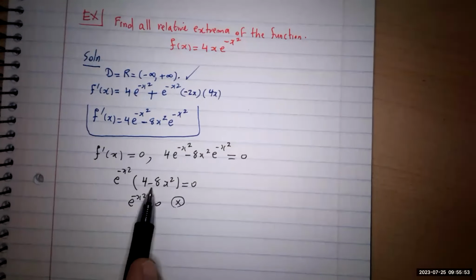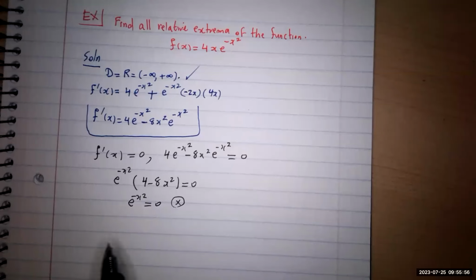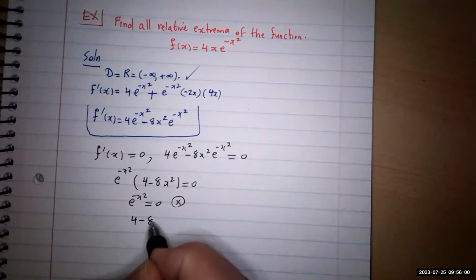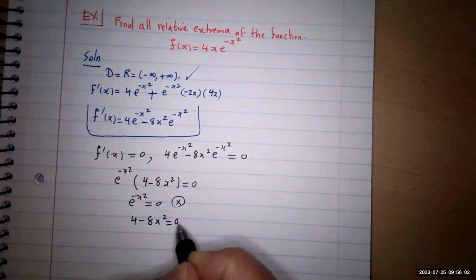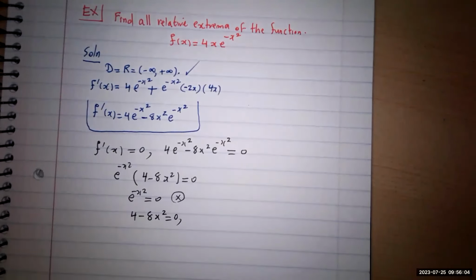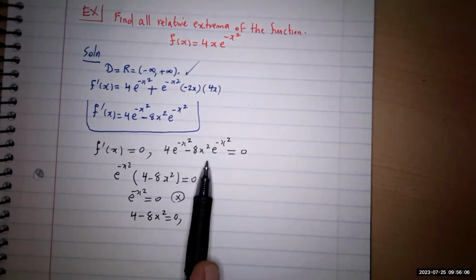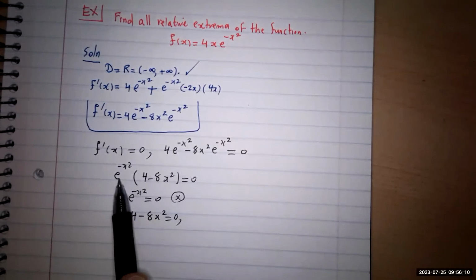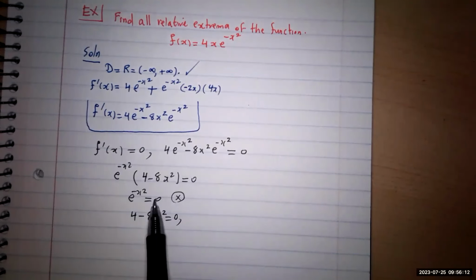So the second part must be 0: 4 minus 8x squared equals 0. Any question? It's always the case. You always have the chance to pull out the e to the negative x squared, let it equal 0, get impossible, and then let the other part equal 0. Now we can solve this one.